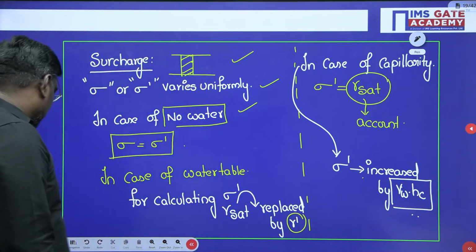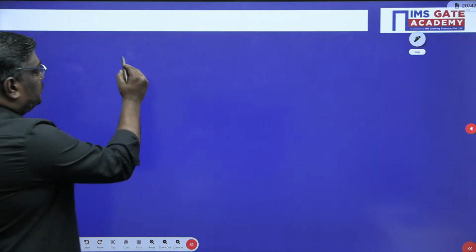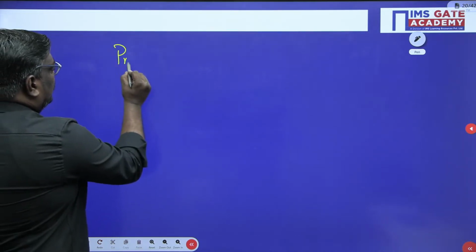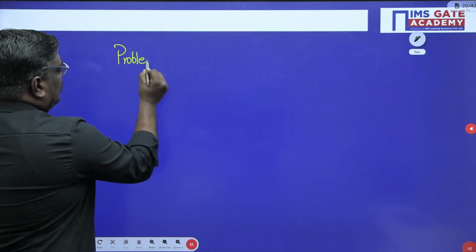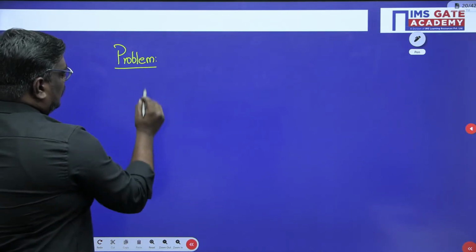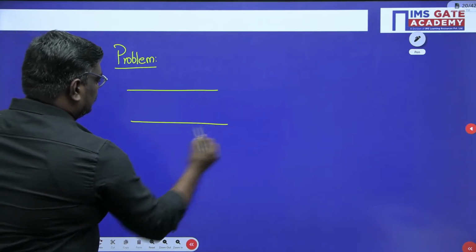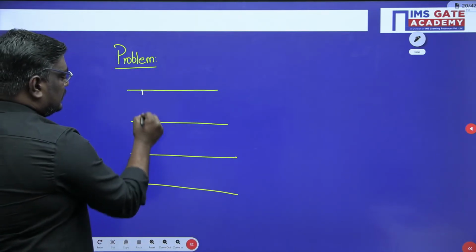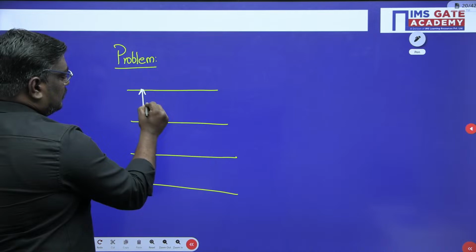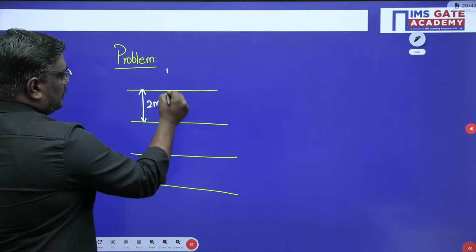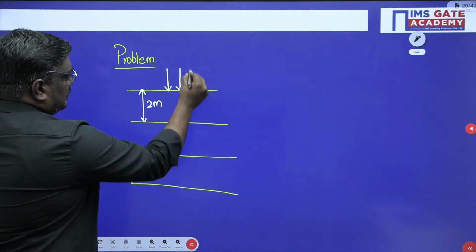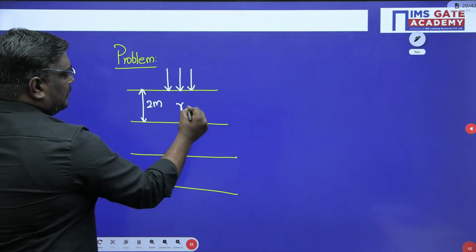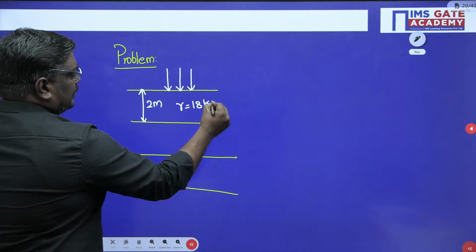Now let us see some questions, students. I am just giving you very vaguely. Now, if I talk about the problem here, consider this as 2 meter, and we have a surcharge here. Here we have gamma equal to 18 kilonewton per meter cube.